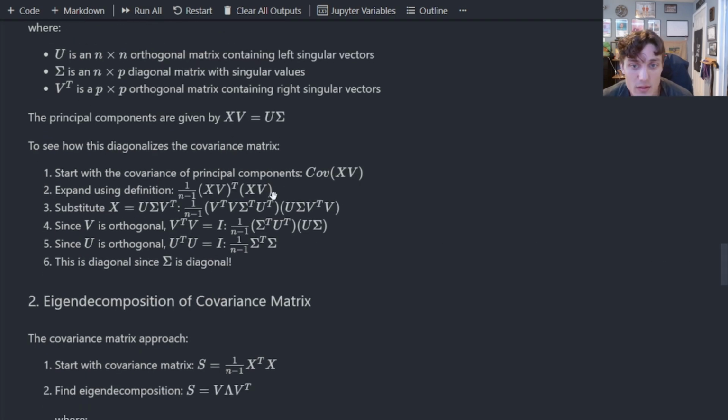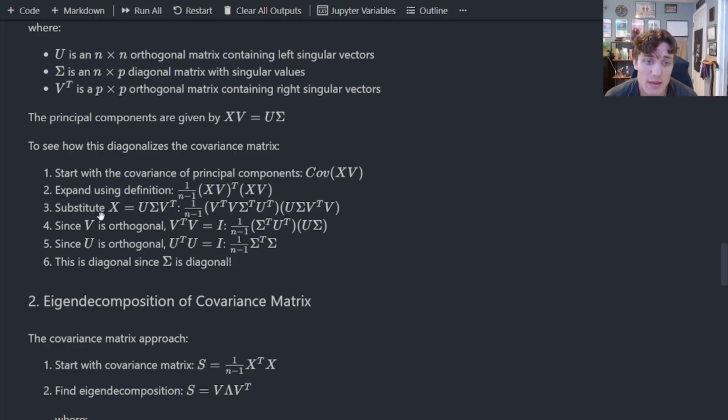Well, if we started with the covariance of the principal components and we expanded it using the definition, this is the definition of a covariance matrix. We have, say, X transpose X. Here we're interested in the covariance of XV, so we have (XV) transpose XV, normalized by n minus 1.